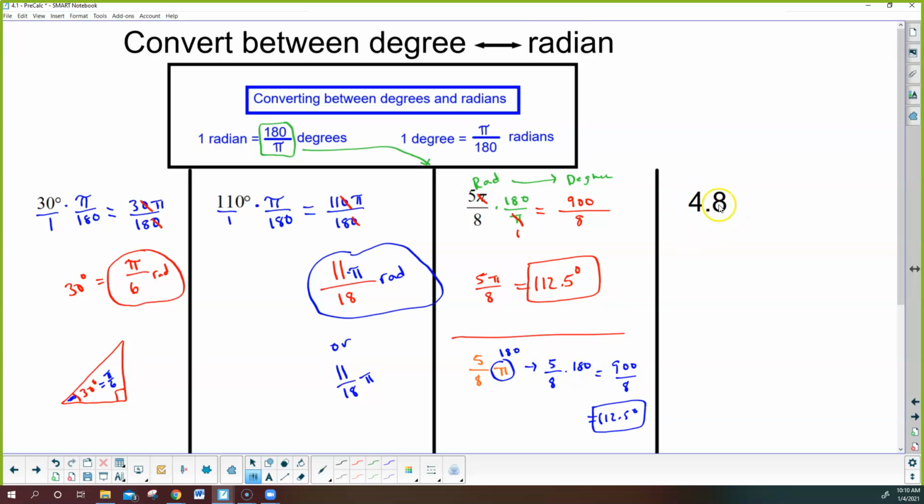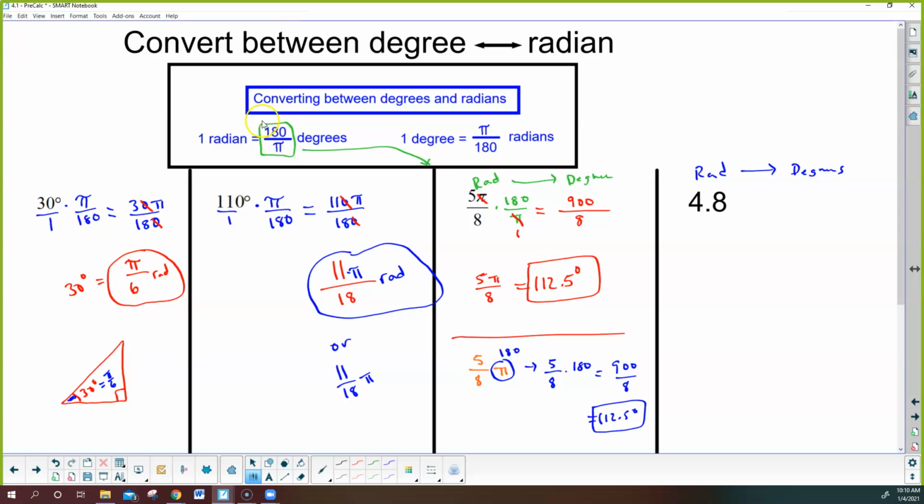When I get to a problem like 4.8, technically this is in radians, right? Because there's no degree symbol, so this is in radians, and we want to change it to degrees. Well, for the method I talked about here, where if you see pi, just plug in 180, we don't have a pi in here.